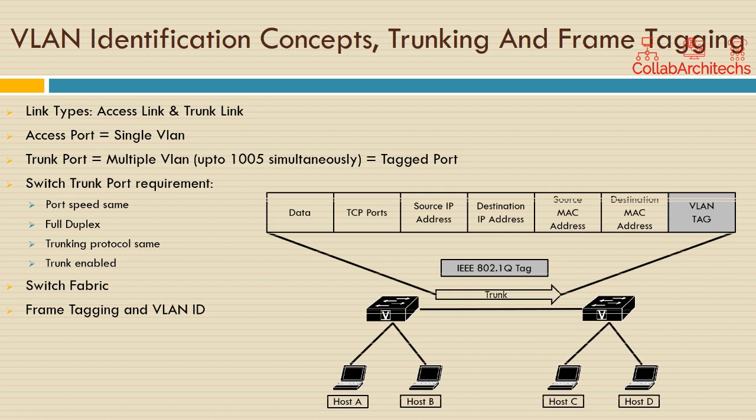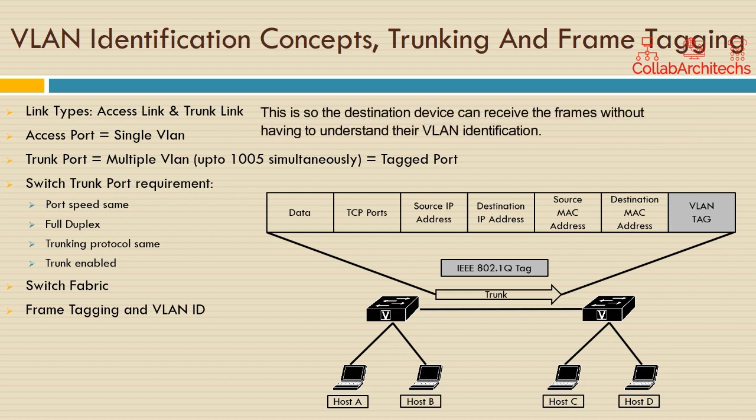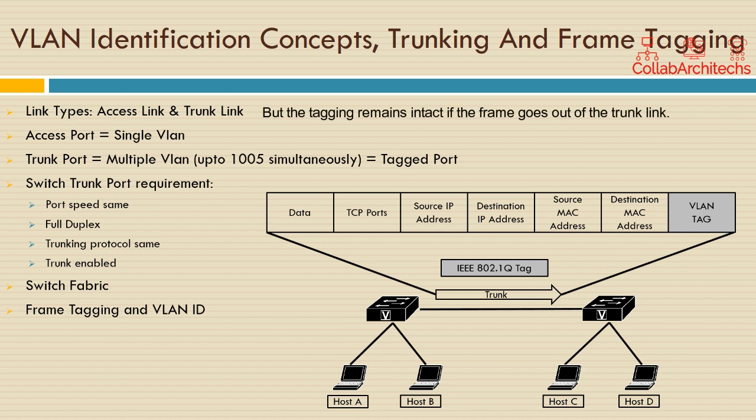As you can see in the diagram aside, the catch here is that once the frame reaches an exit of an access link matching the frame's VLAN ID, the switch removes the VLAN identifier. This is so the destination device can receive the frame without having to understand the VLAN identification. But the tagging remains intact if the frame goes out of the trunk link.